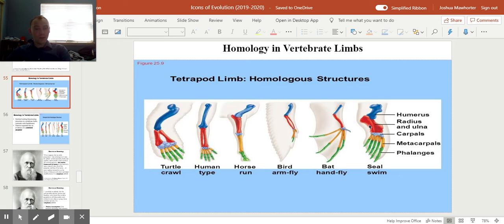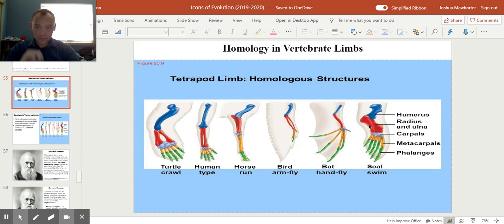But remember, and I'm being a little bit facetious here, but it does serve to prove a point. The other animals did not name the bones in their arms the radius and the ulna. And I mention that because homology is used as evidence in textbooks and by scientists, I think incorrectly, as evidence for descent, common descent from a common ancestor.